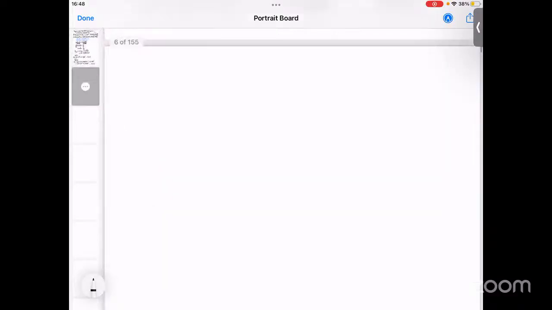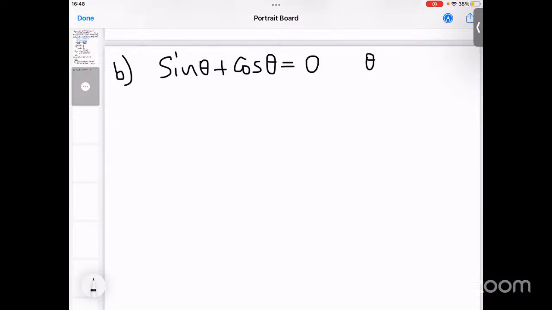Okay, so that problem B, where you are given sine of an angle which is being added to cos of an angle whereby this is equated to 0, and where that theta is an element of 0 degrees and 360 degrees. Yes, this is what they want you to work out. Most importantly, take one thing to the other side, and it would make sense to just take cos to the other side. Let's take cos to the other side.